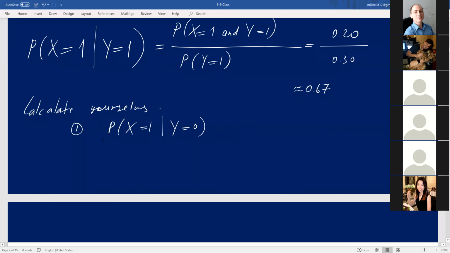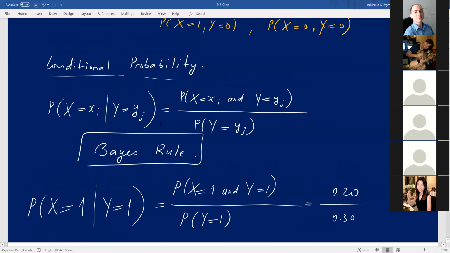So are i and j standard? To be more precise here, i ranges from 1 to 2, and j also ranges from 1 to 2, because we just have 2 outcomes for x and 2 outcomes for y.